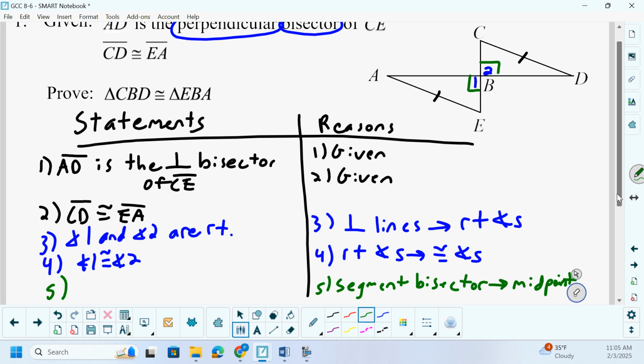And where they cross is B. So we're going to have B is the midpoint of, and it's always of the one that comes after the word bisects or bisector. So we'll have it's the midpoint of CE.